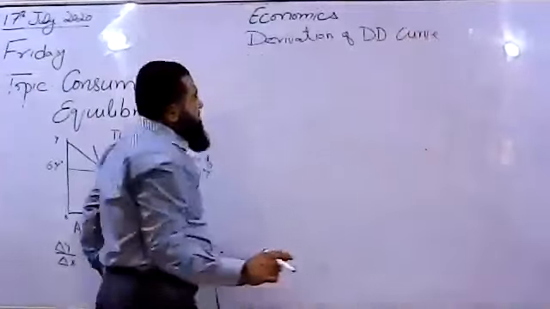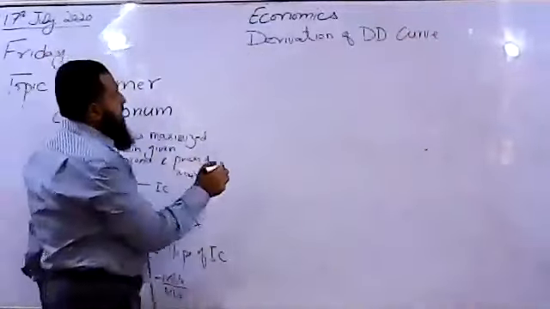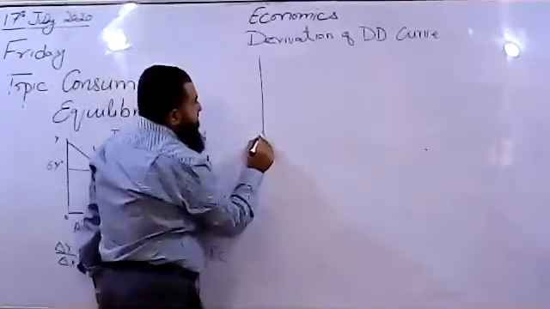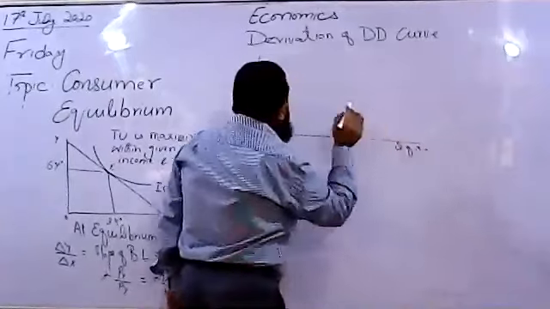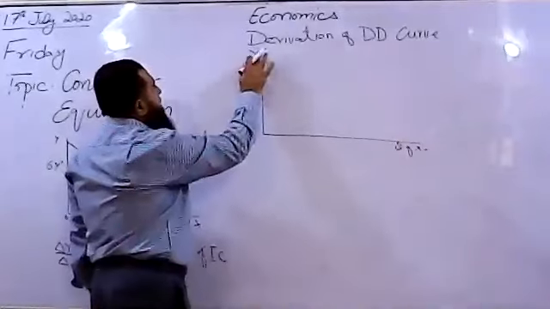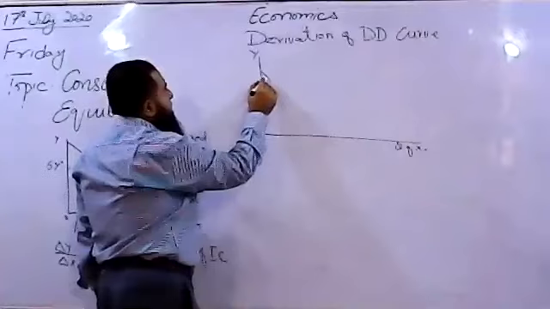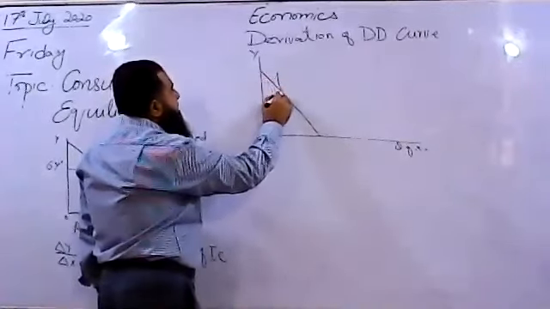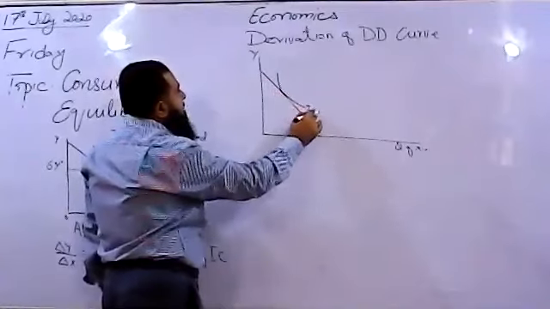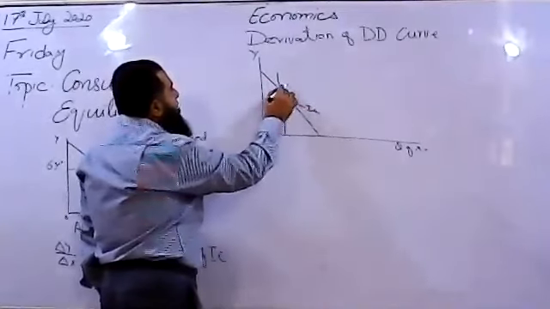I'm going to do a magic. You can see over here what is happening. This is the quantity of X. This is Y. The consumer is consuming at this point where his budget line is making a tangency condition with the indifference curve at E1.